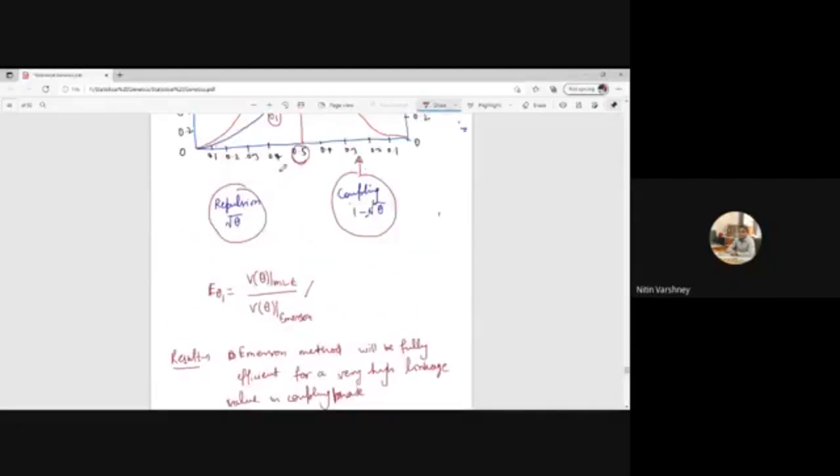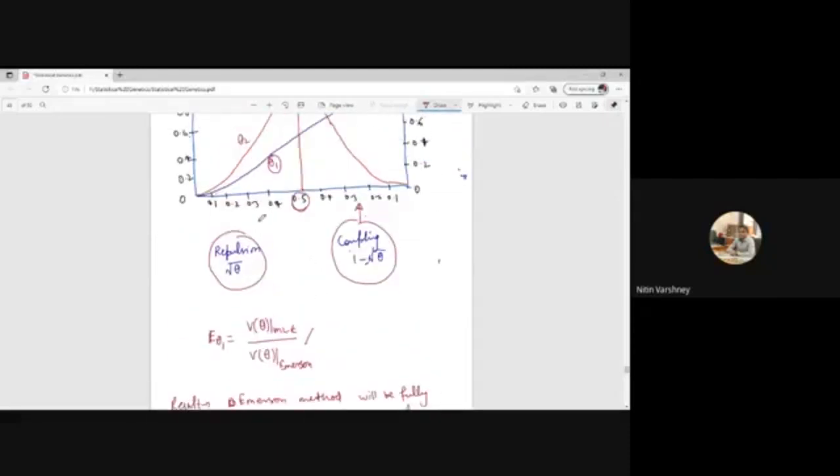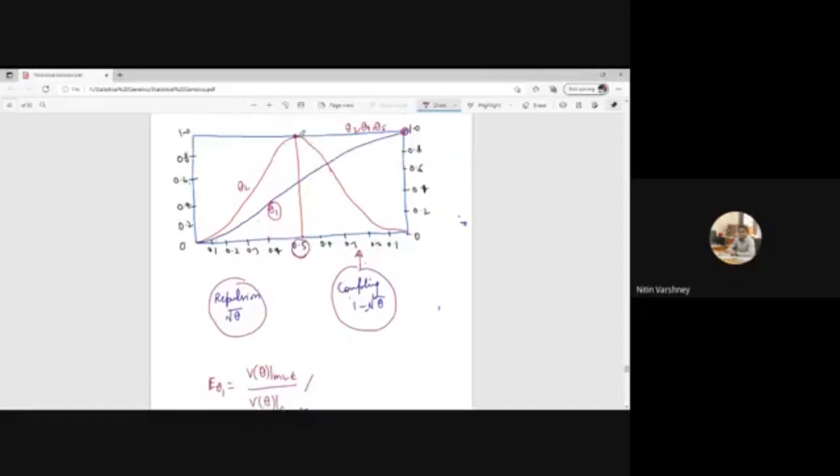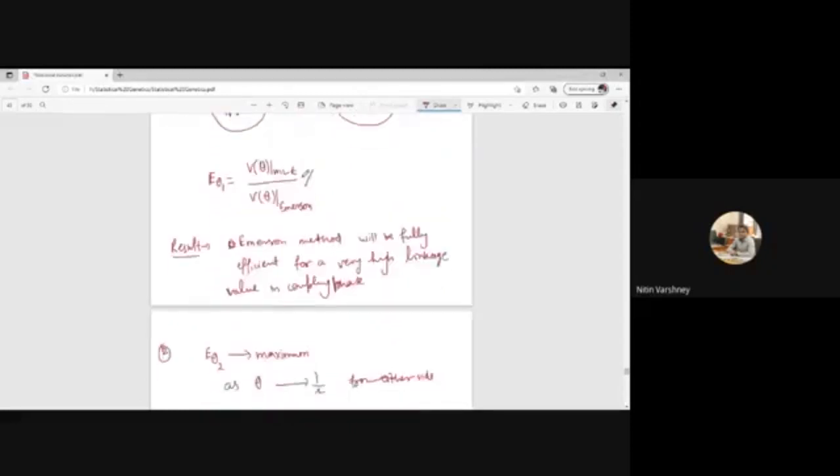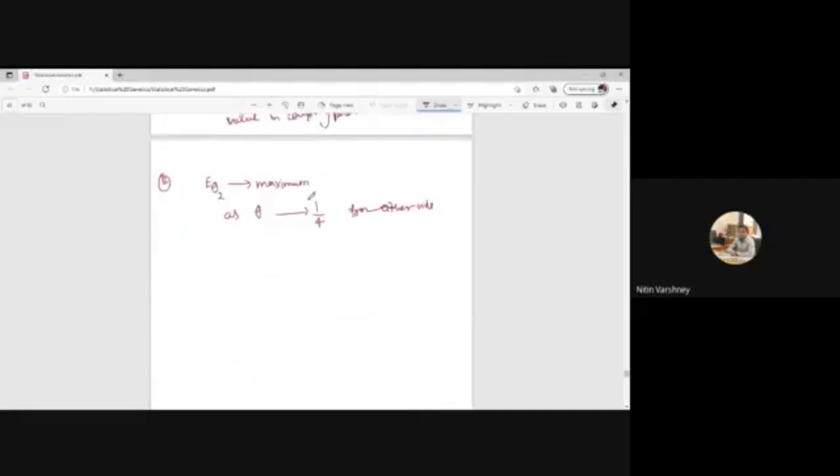See here, when the value of theta is at 1/4, then it will be our maximum efficiency.